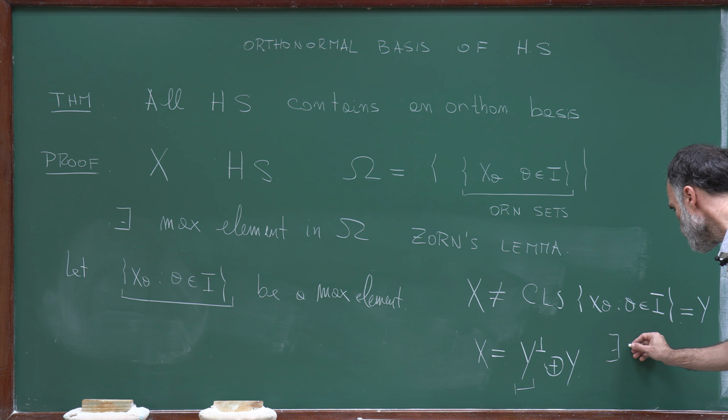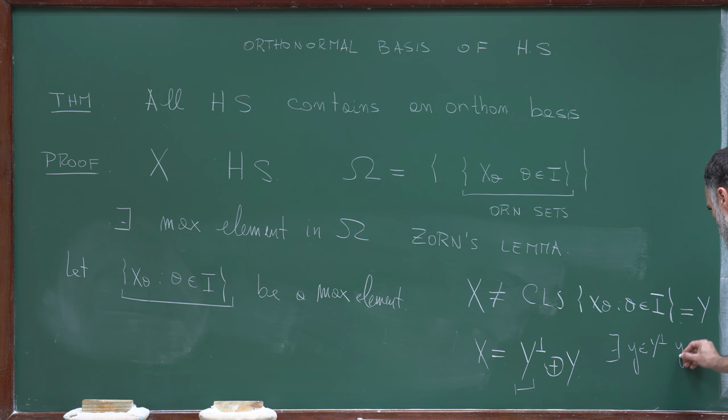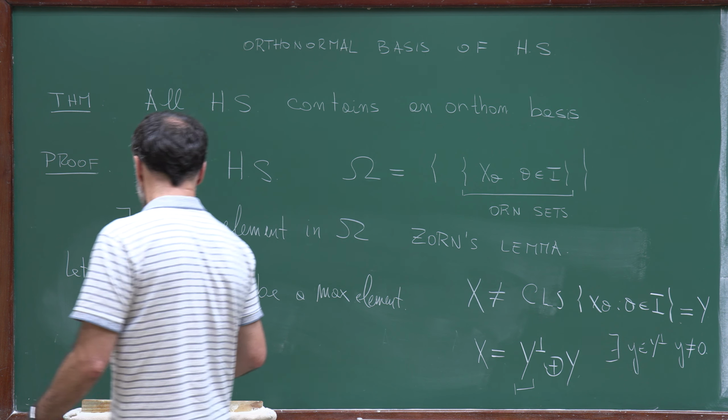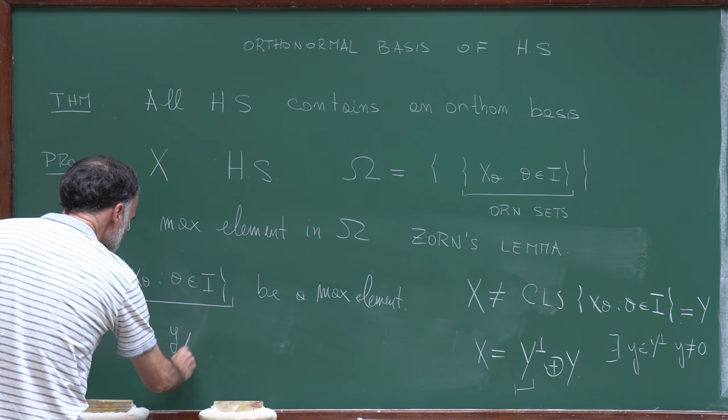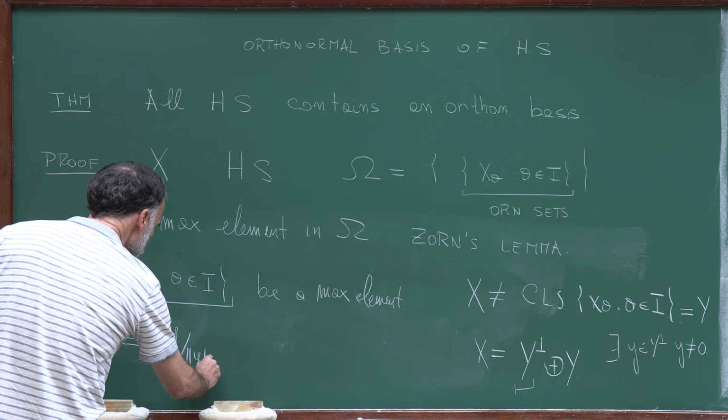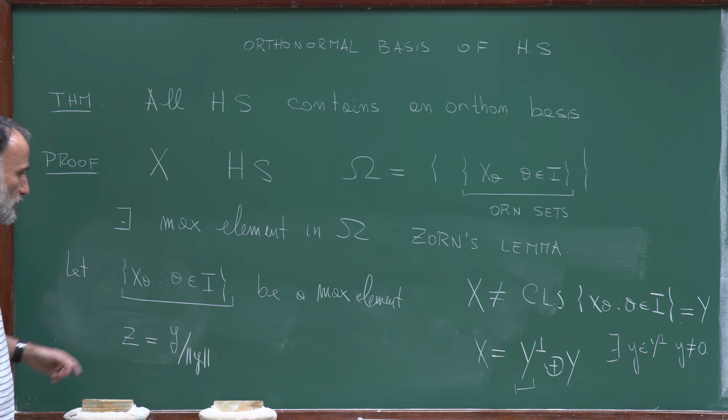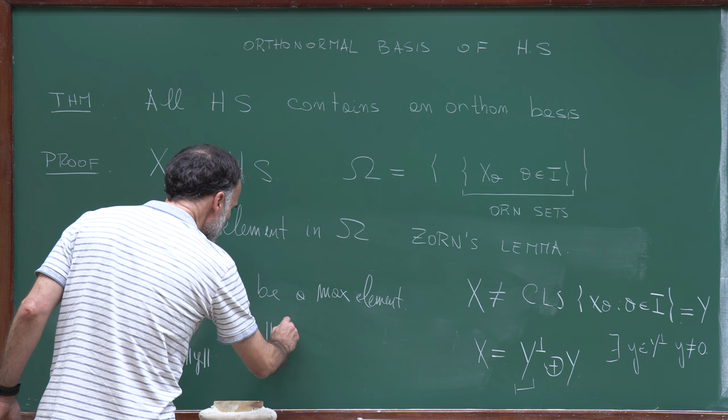So there exists some y in Y perp which is different from 0. Let me take z to be y divided by its norm. So z has norm equal to 1.